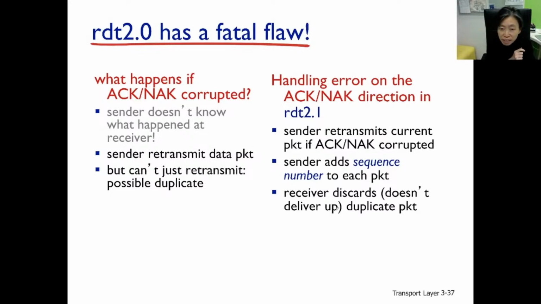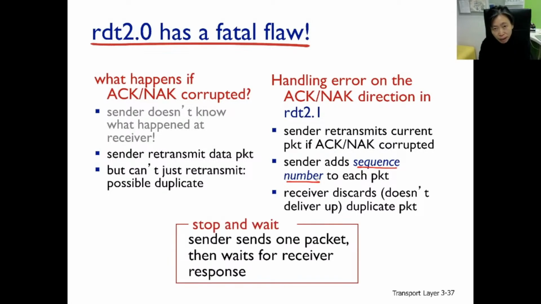And there's one more thing we need to talk about. That tells a little bit about the sequence number requirement here. Think a little bit more. RDT 2.0, RDT 2.1, the sender behaves this way. After sending one data packet, it's going to stop and wait for feedback until everything is cleared. Then it will go back to send data again.